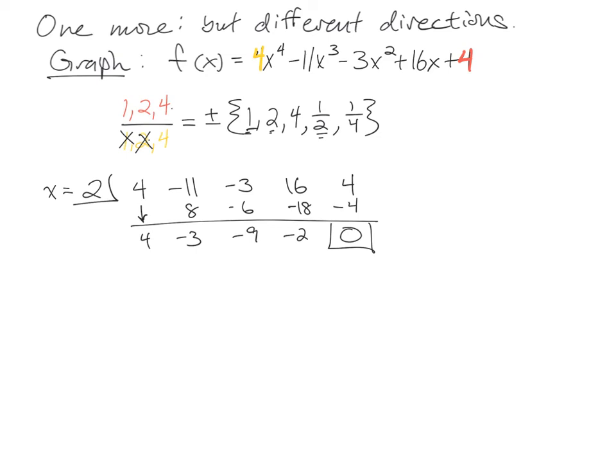So what does that mean? We have a factor of x minus 2, and we have another polynomial here that would be 4x cubed minus 3x squared minus 9x minus 2.